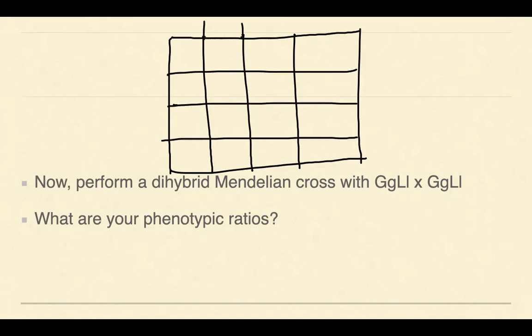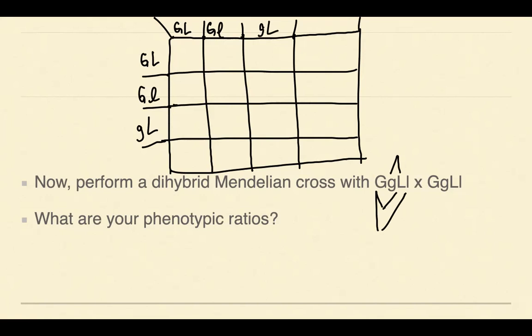Now what we put in the boxes, remember we have to pair the first allele from the first gene with the first allele from the second one, and they're both going to be the same. So I've got capitals here. That's our first one. Then we do our first allele with the second allele. So that's G small l, G small l. Then we do the same with the second, G big L, G big L, and then G little g, little l.